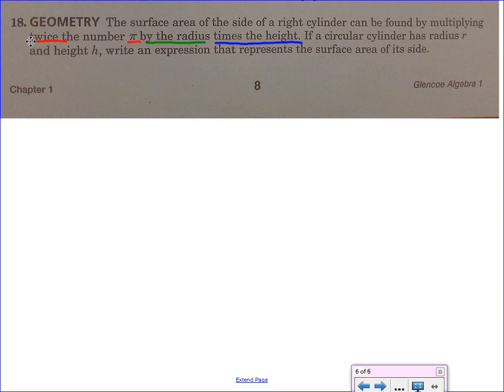So pretty much I can pick straight out of there that I need twice pi, that means 2 times pi. Then I'm going to multiply that by the radius. And lastly, I'm going to multiply that by the height. So the surface area of a right cylinder can be found by multiplying 2 times pi times the radius times the height, or 2 pi r h.